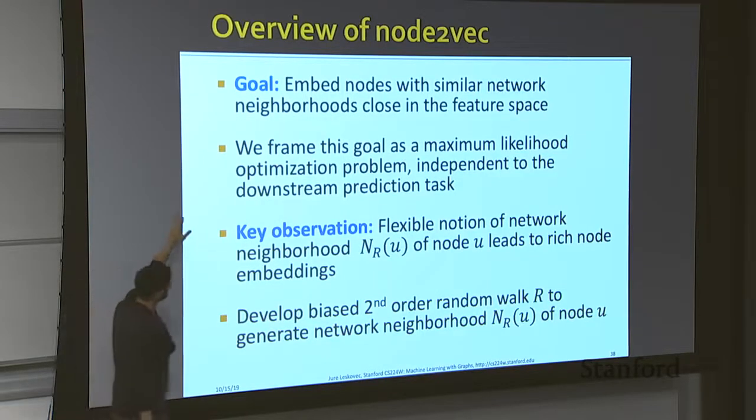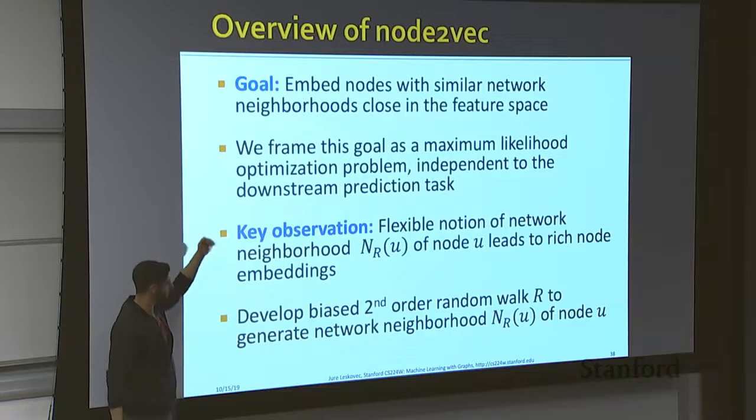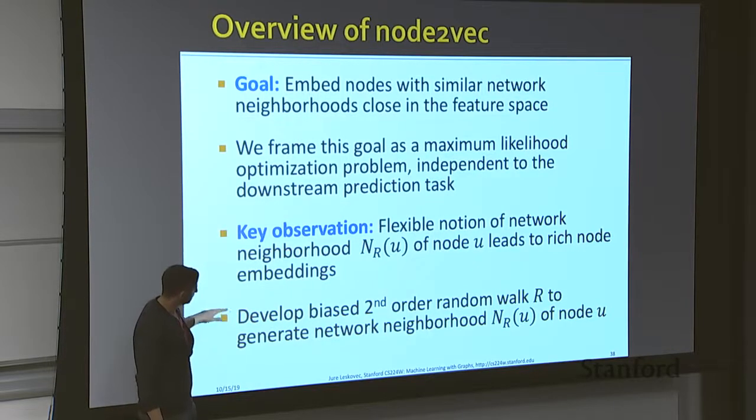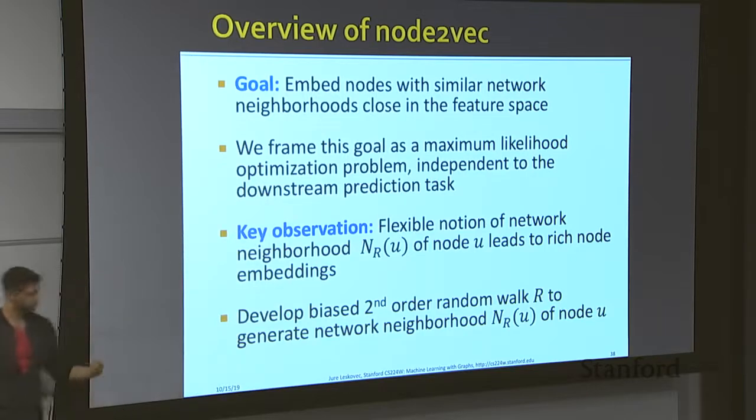So we're still working with an unsupervised machine learning pipeline, and the key observation here is that we want to have a more flexible notion of neighborhood, that will lead to an even richer and more expressive node embedding. And what we're going to be using to solve this problem is, rather than standard random walks, biased second-order random walks to generate our network neighborhood.